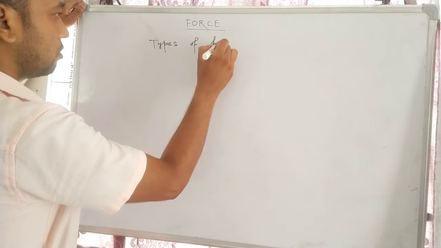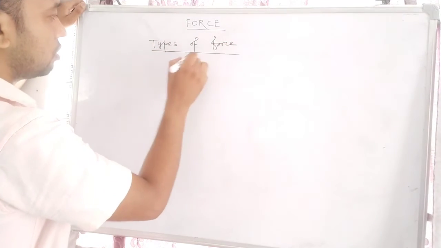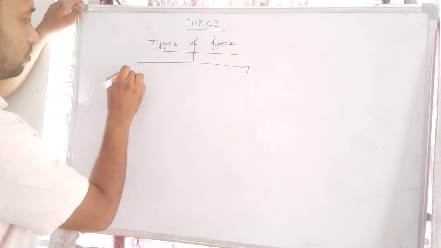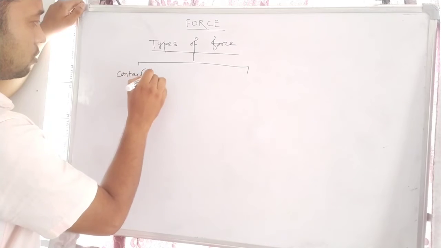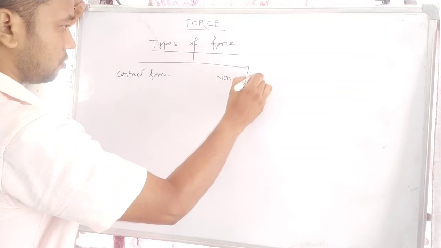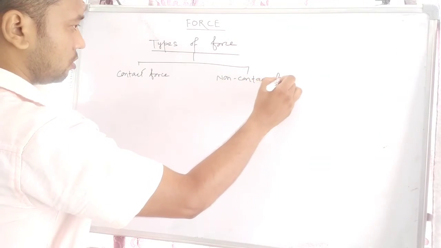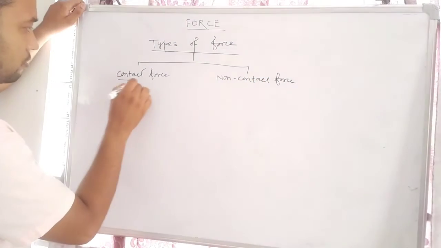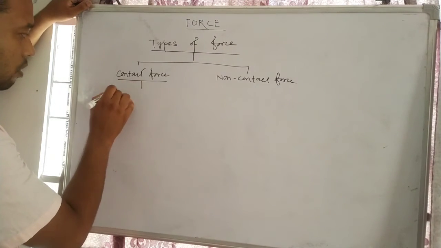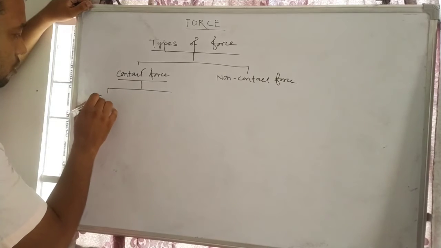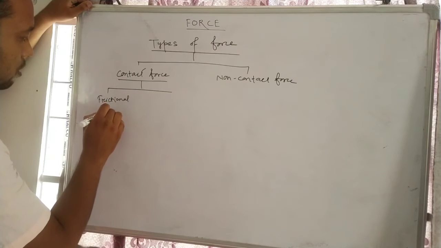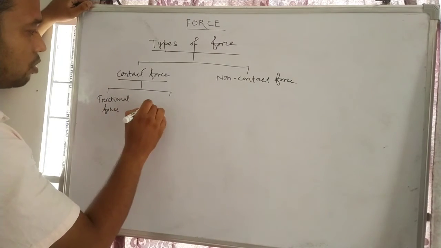Types of force. There are generally two types. One is contact force and another one is non-contact force. Examples of contact force are frictional force and muscular force.